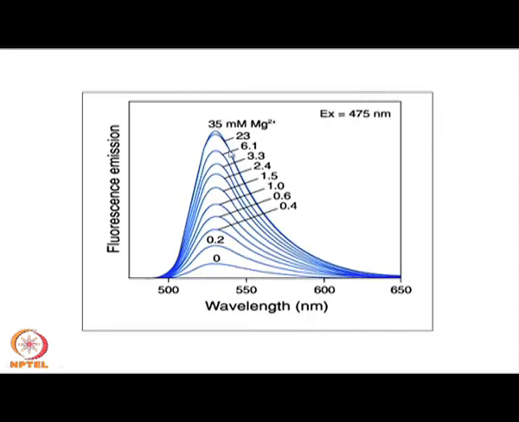You see that up to 35 millimolar of magnesium is shown over here: 0.2, 0.41, 0.6, 1, 1.5. So, you see it is gradually increasing. 475 means around 490 the emission has been taken, and up to 650.